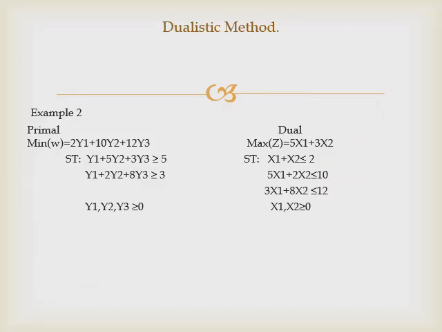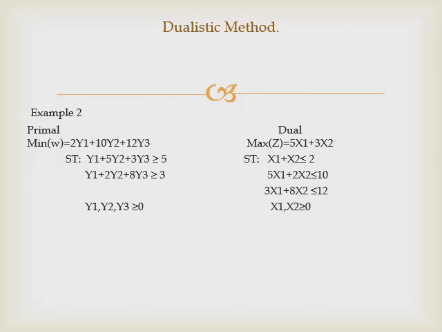Okay. Example 2. Given a primal linear programming problem of minimization. We need to convert this primal problem to the dual one.